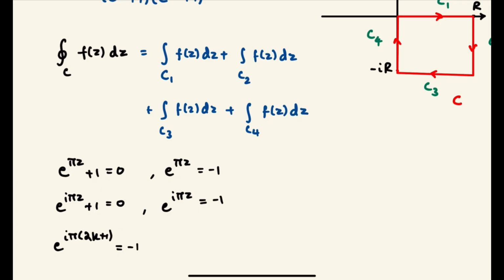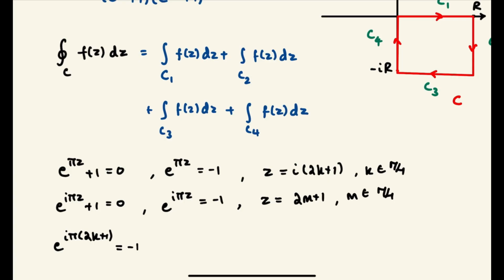So we can say z equals i times (2k plus 1) for k in the integers. Now for the bottom one, we already have an i. So we can just let z equal 2k plus 1. And now instead of 2k plus 1, I'm going to use another parameter, 2m plus 1. And m is again in the integers.